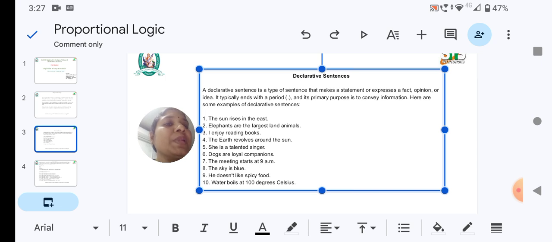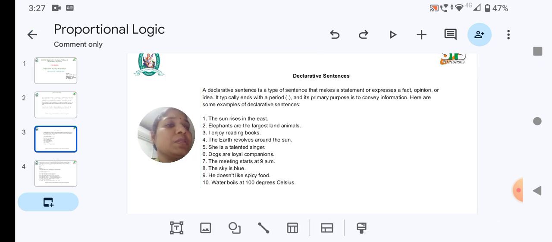Here are simple examples of declarative sentences: the sun rises in the east, elephants are the largest land animals, I enjoy reading books, she is a talented singer, dogs are loyal companions, the meeting starts at 9 a.m., the sky is blue, he doesn't like spicy food, water boils at 100 degrees Celsius.